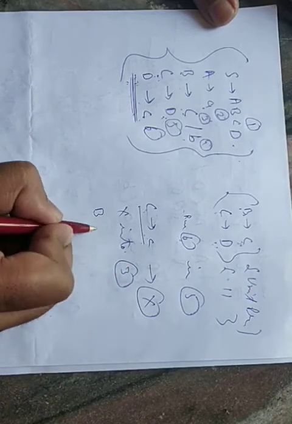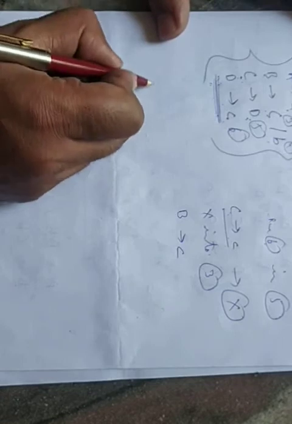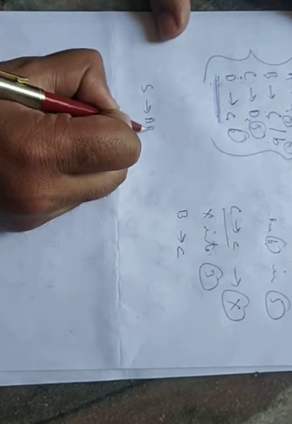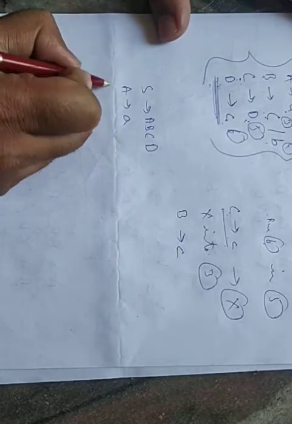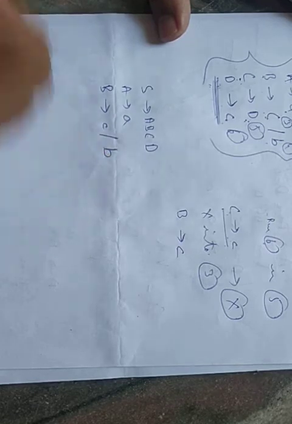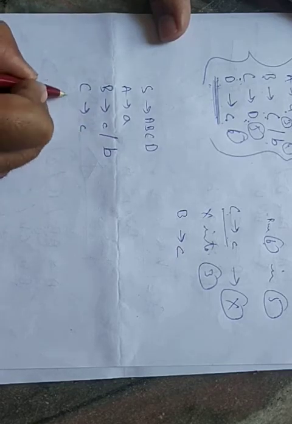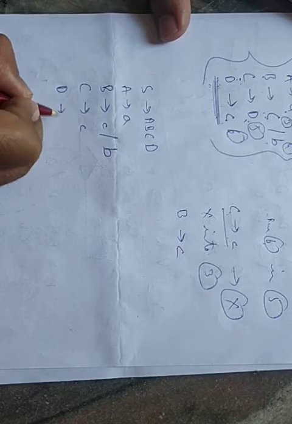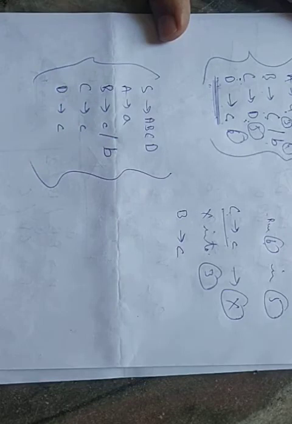So I got B produces small c. So let's replace these. My new grammar becomes S produces A, B, C, D. A produces A. B produces small c slash B. C produces small c. And D produces small c.